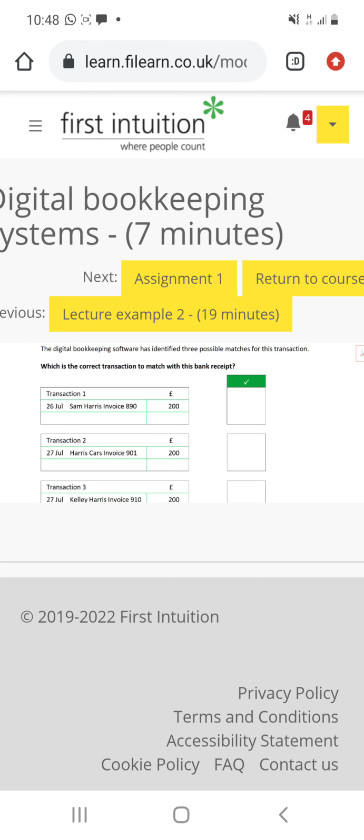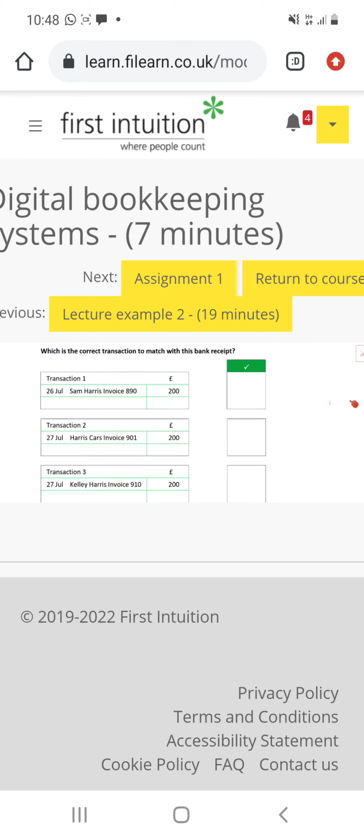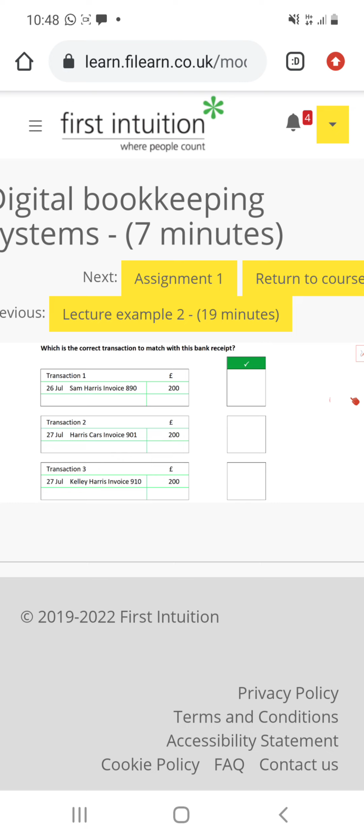Now what am I trying to match up? The problem here is that transactions 1, 2 and 3 would be sitting on our books as all owing us £200. So I can't use the amount, because the amount is the same for all three. So that's no good. To be honest, even the dates are so similar for these transactions that that's not particularly going to help either.